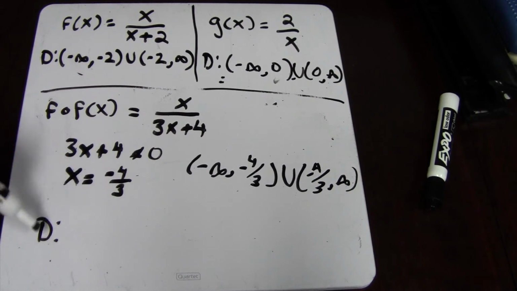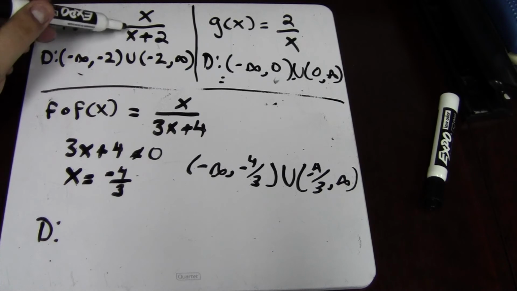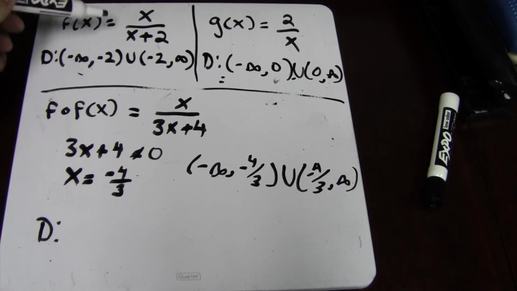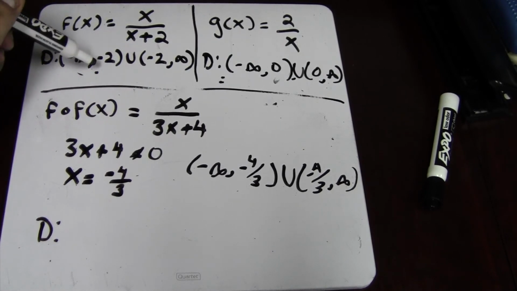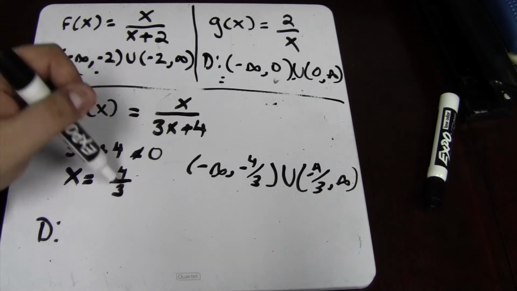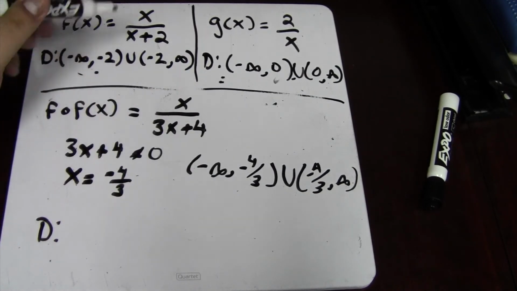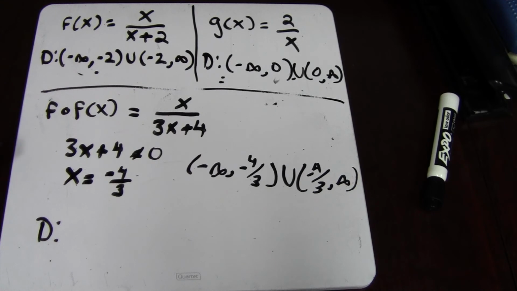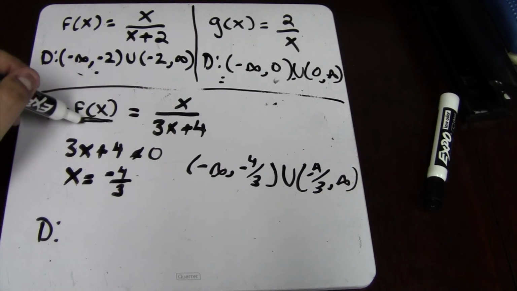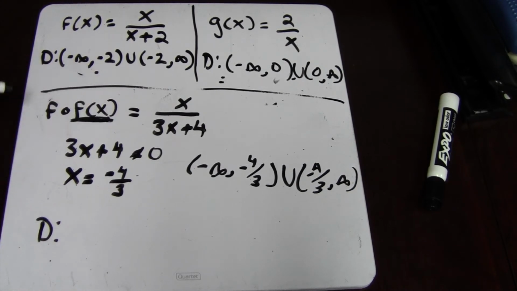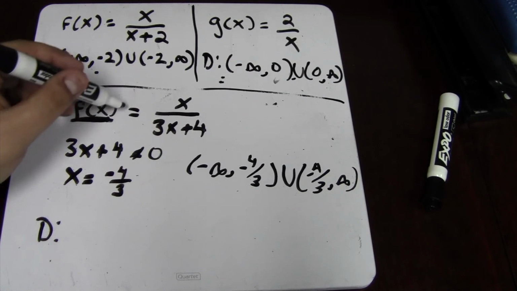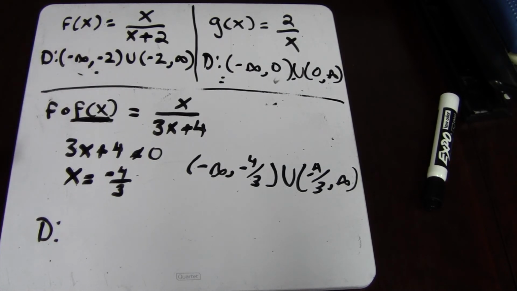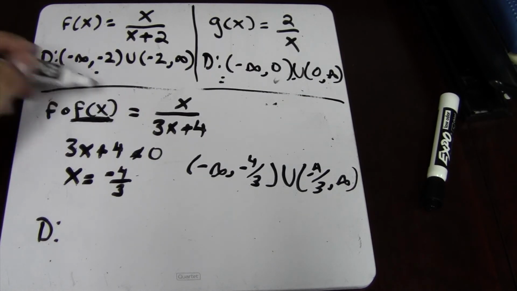Now, let's take a look at the domain of this as a function composition. We have to account for the function that we have plugged in. That's this. So not only can x not equal negative 4 over 3, x can also not equal -2, because this is the function that we plugged in. You need the domain of this function that you see here, as well as the domain of the whole entire composition.